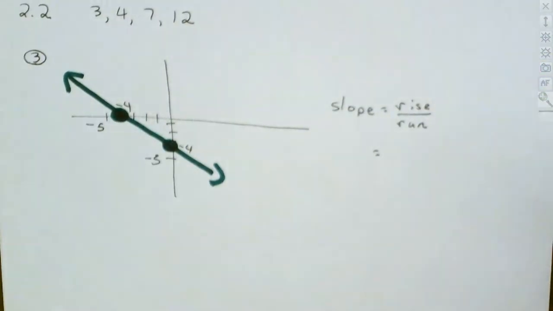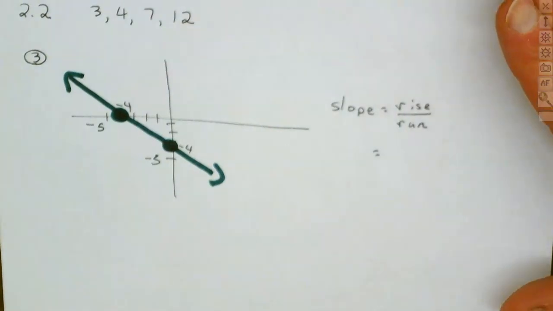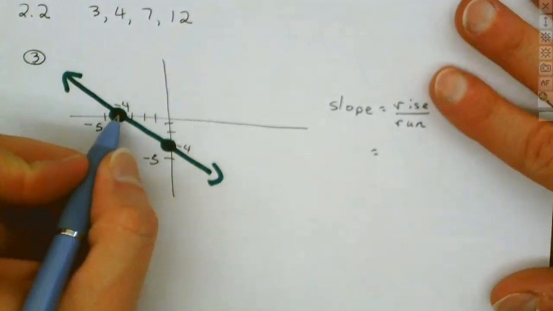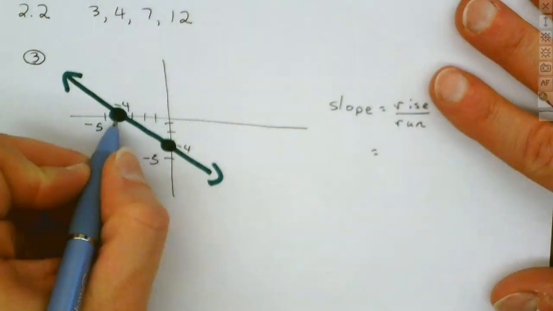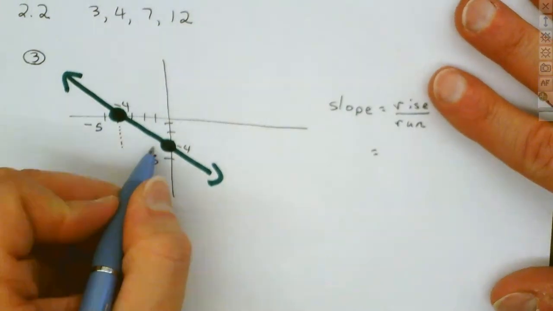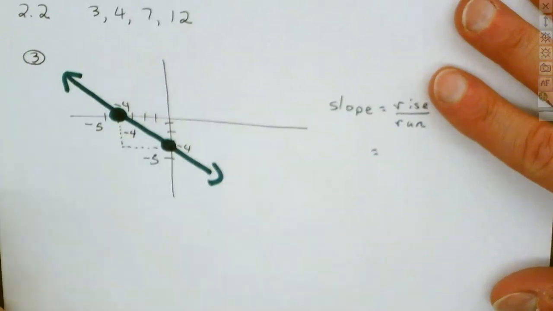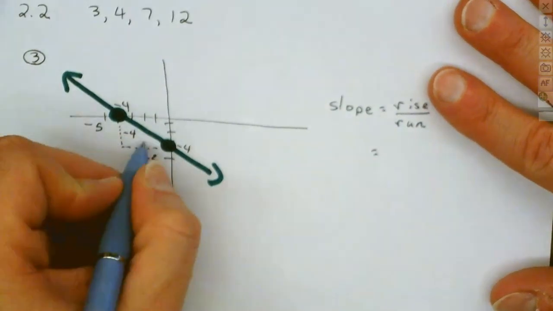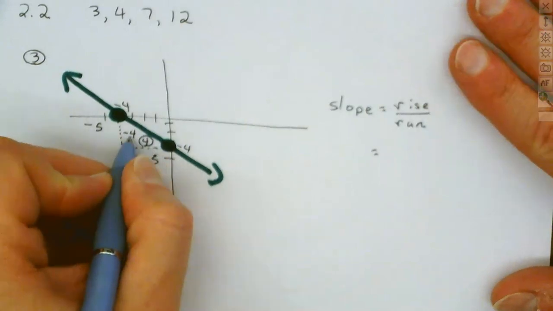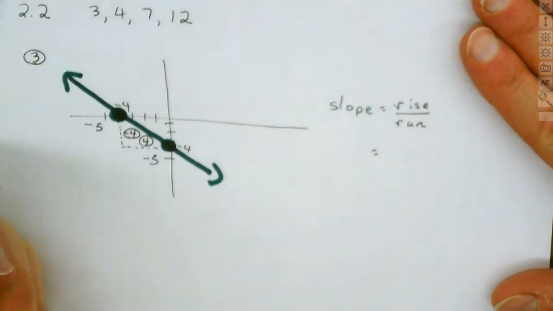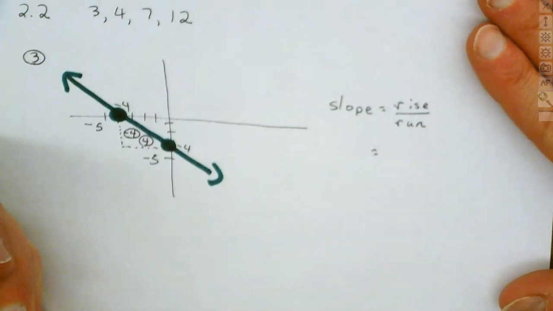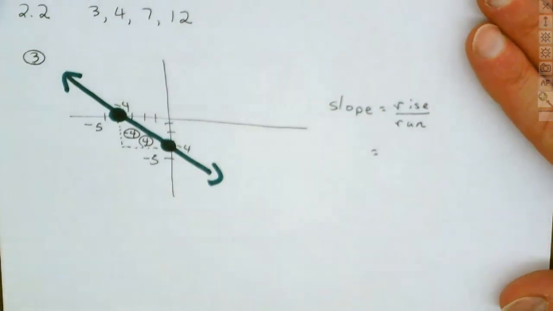And you can use any 2 points, but these are going to be our easiest to get to. So if I go from this point to this point, what am I going to have to do? Well, I'm going to go down and then over. And it looks like I'm going to have to go down 4, right? And then I'm going to have to go what? Forward 4 units.